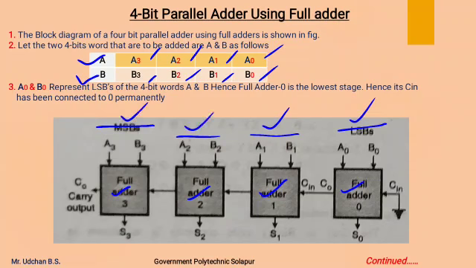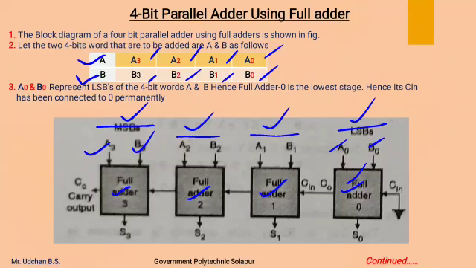As we start addition from LSB, the LSBs are given as an input to this first full adder, that is A0, B0, and we end the addition with the MSB. So the MSB A3 and B3 are given as an input to the last full adder, that is full adder 3.